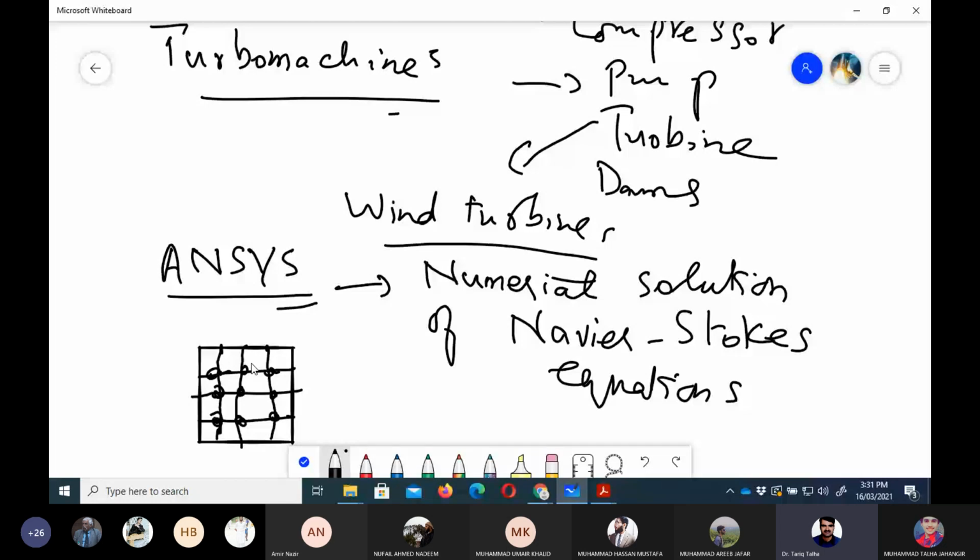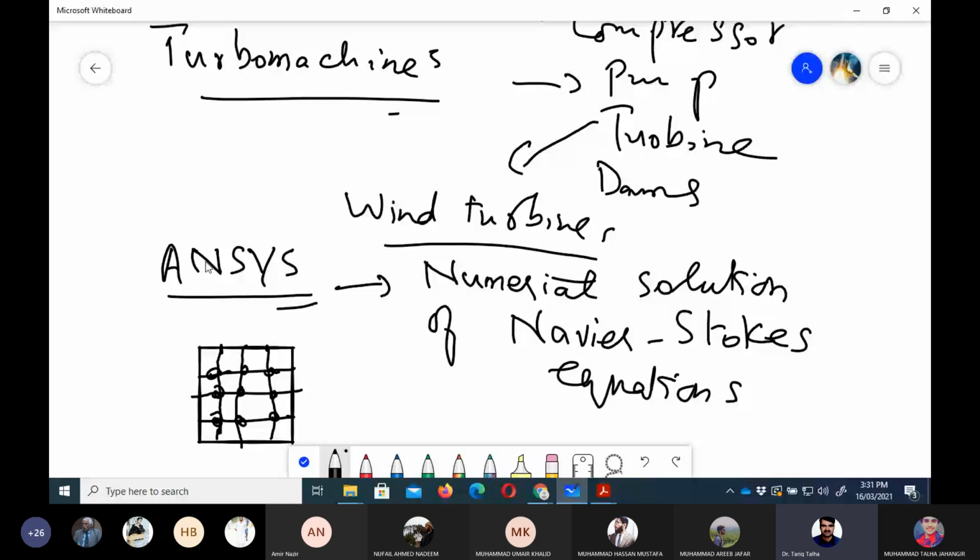So for that we use ANSYS. Why do we need ANSYS? Because we cannot solve the Navier-Stokes equation mathematically or analytically. That's why we require the numerical solution by ANSYS. I would also guide you on how to do this analysis using the ANSYS software.